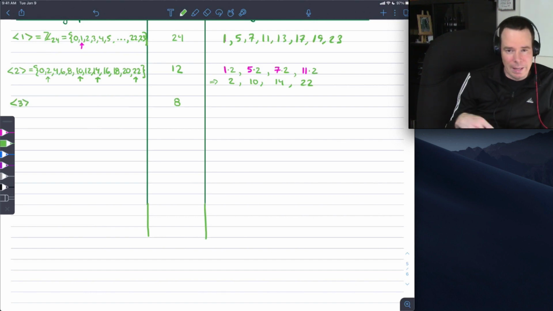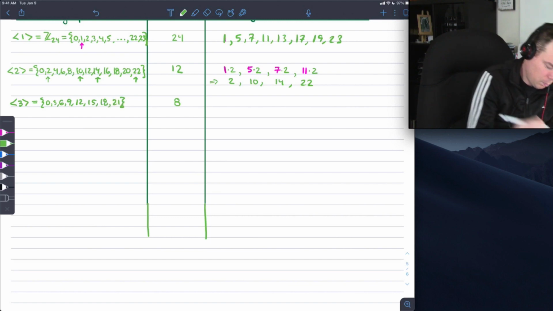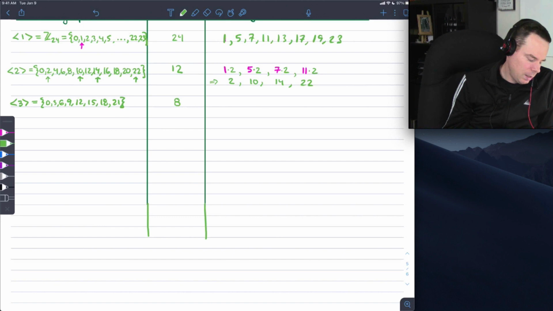Because if I add 3 to itself a bunch of times, I get to 0 by adding it to itself 8 times. So 3 has order 8, so it generates a group of size 8. Let's list it out. 0, 3, 6, 9, 12, 15, 18, 21, and back to 0. So there's our 8 elements.